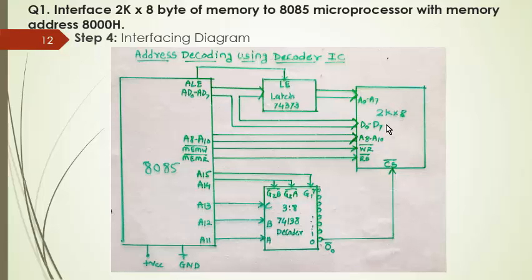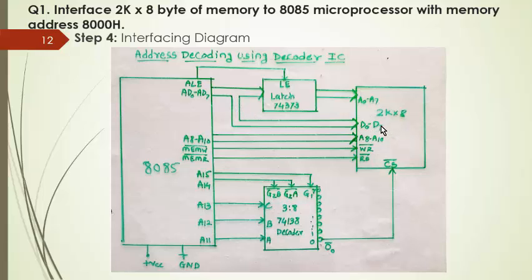You can also draw the interfacing diagram by assuming the 3:8 decoder. So this is the complete interfacing diagram with the 3:8 decoder IC. This is your memory device.